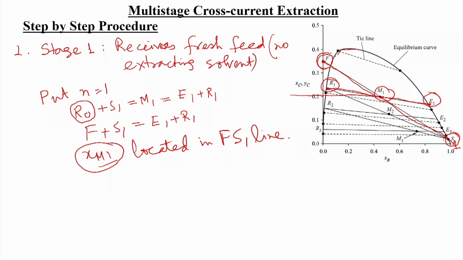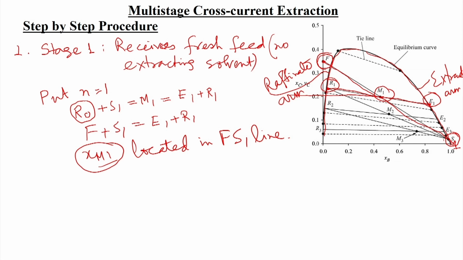This is the equilibrium line for the raffinate phase. And this is the equilibrium line for the extract phase. This is the extract phase and this part is the raffinate phase. So, we now have E1 and R1. Okay.